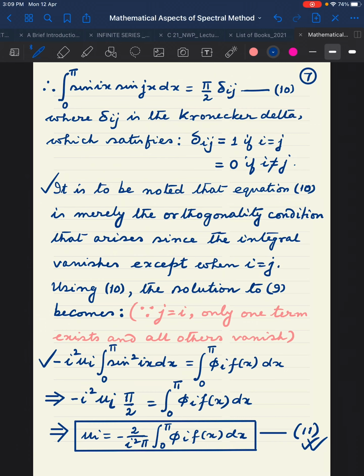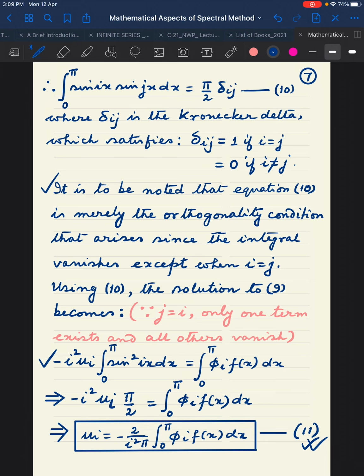That was our objective. You remember, to get u(x) we have to find the coefficients u_j or u_i, because the other part, the basis function, is our choice according to our problem.